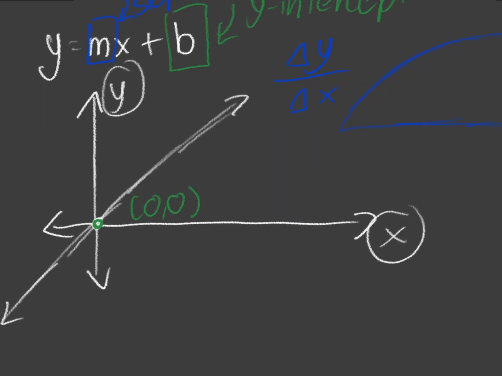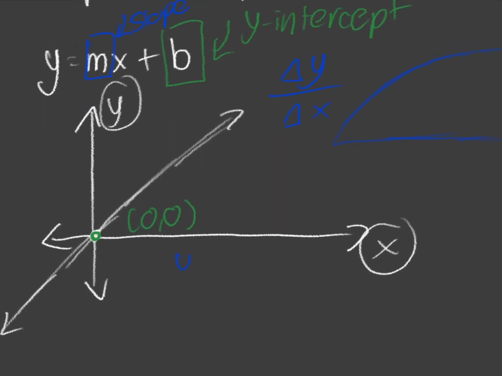We can rewrite it as y2 minus y1 over x2 minus x1. That just means you have two different points, so you have two different x values and two different y values.